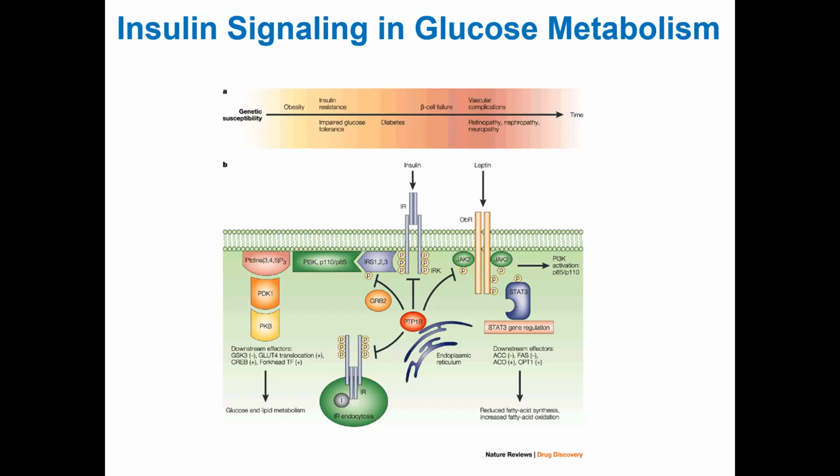One is insulin, and the other one is leptin. Leptin is also a hormone. Leptin is a hormone that is released in your blood, and it tells your hypothalamus in the brain that when you are eating and you feel full, you feel satiation.